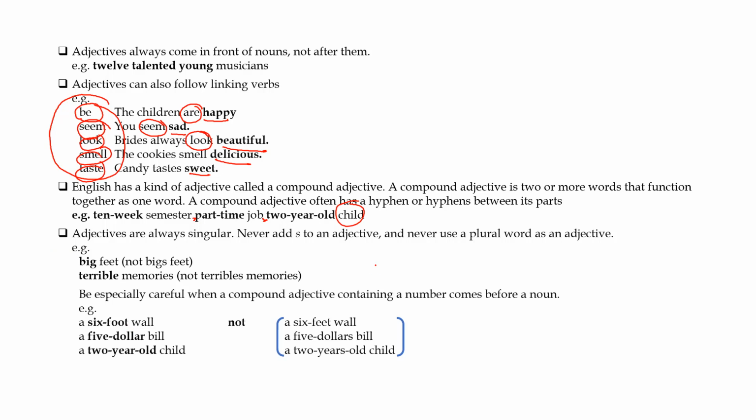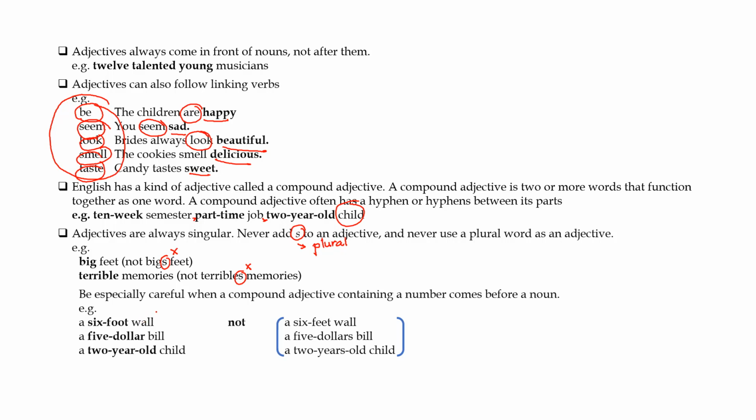And then, adjectives are always singular. Never add s, which frequently functions as a plural, to an adjective, and never use a plural word as an adjective. For example, pig feet, not pig's feet. Terrible memories, not terribles memories.